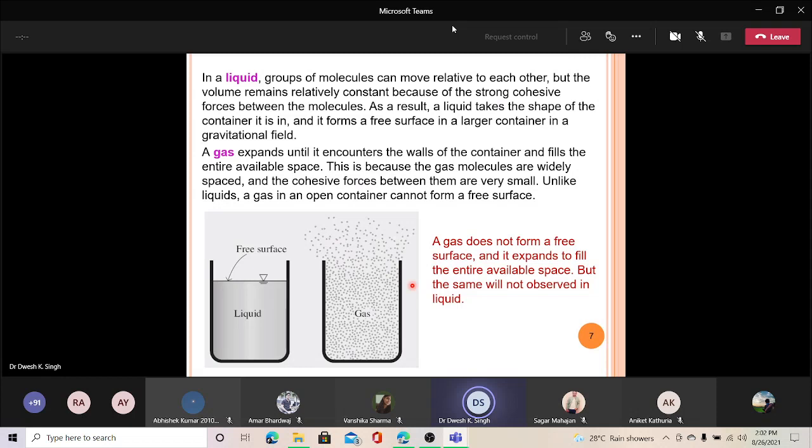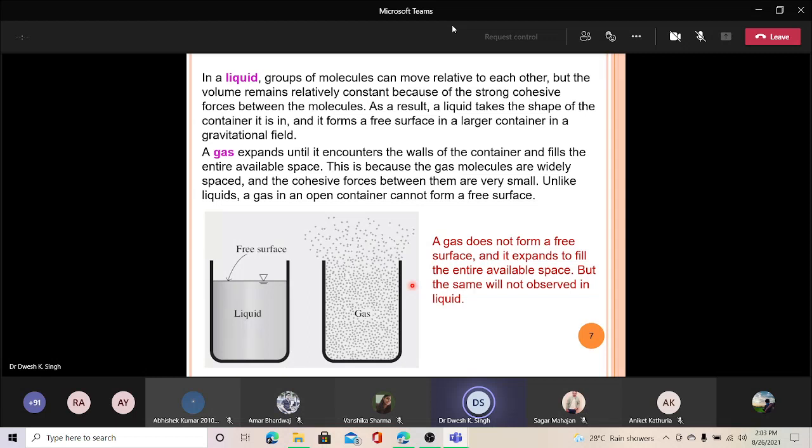Whenever you open the container, it goes out of the container and tries to fill the space. When you open it, it will try to fill the room. That's why the gas doesn't generate any free surface, but a liquid generates a free surface due to the large cohesive force.